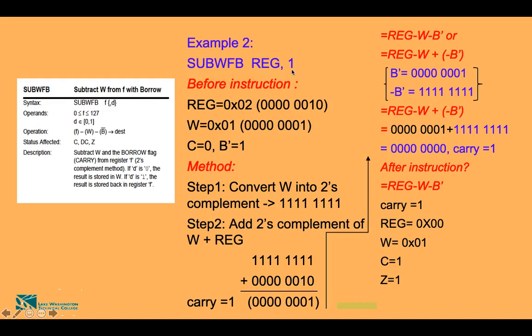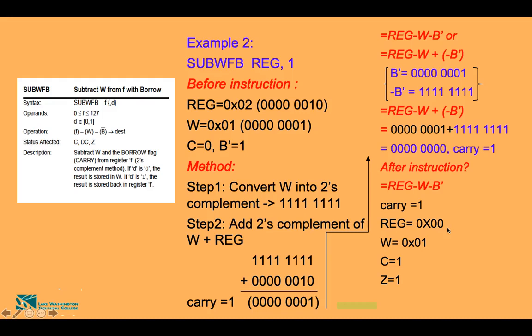So we know that d is equal to 1. If d is equal to 1, then the result should be stored into the file register. If it was 0, then the result should be stored into the working register. But since it's 1, that's why we have the file register equal to 0x00.